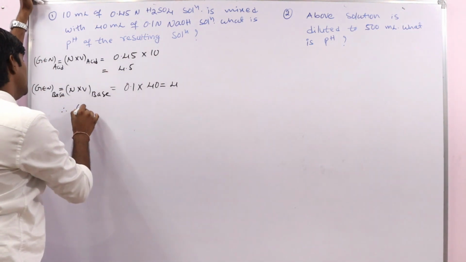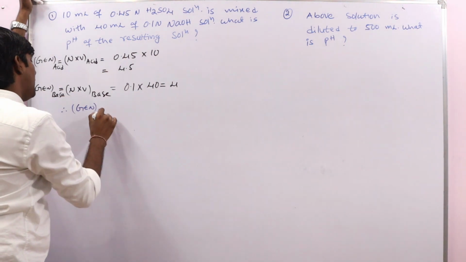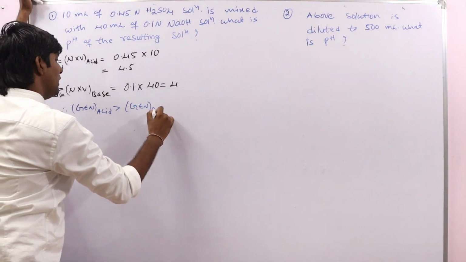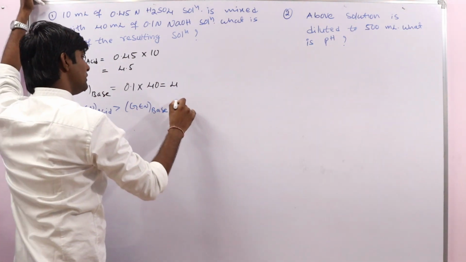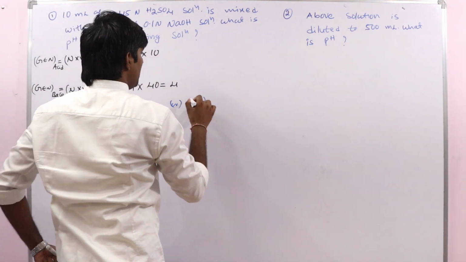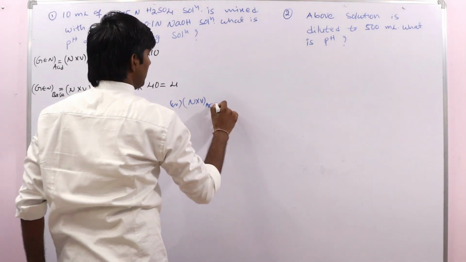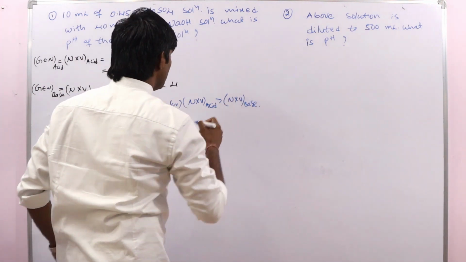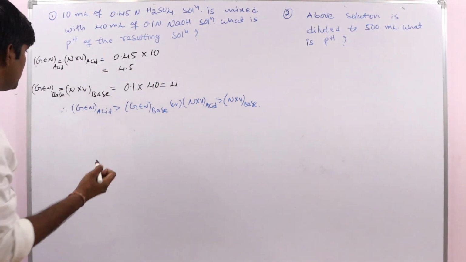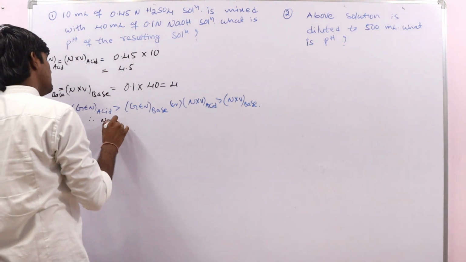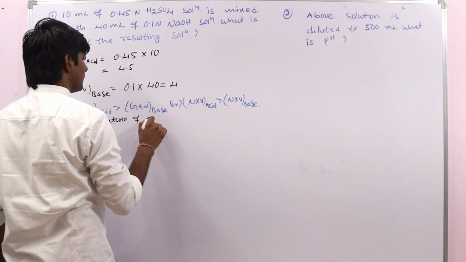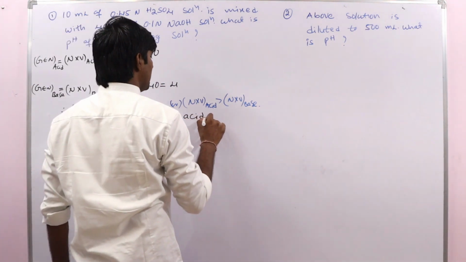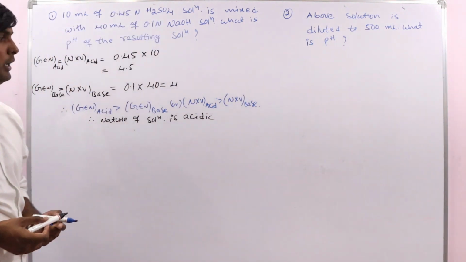Therefore the number of equivalents of acid, H2SO4, is greater than the number of equivalents of base, or N into V of acid is greater than N into V of base. This means the solution has acidic nature. So the nature of the solution is acidic.